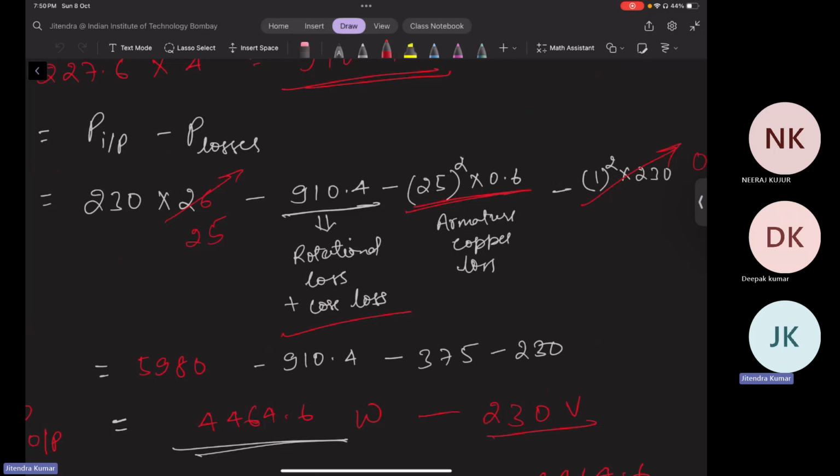Let me see once. Electrical engineering materials. Yes, he is asking about materials. So for magnetic circuits, you can refer to the DP Kothari book. That should also be provided with some materials.